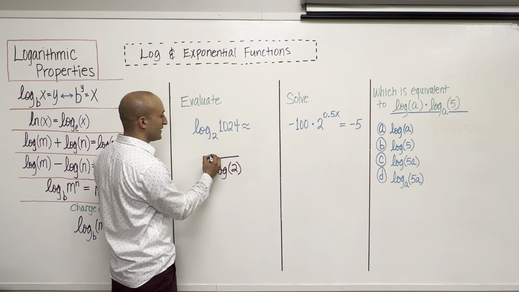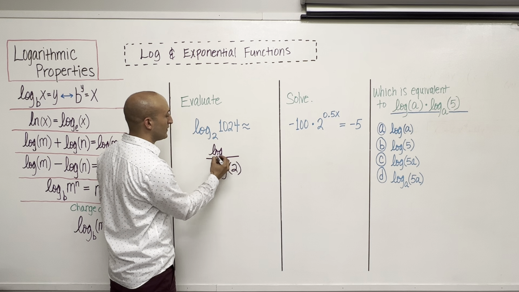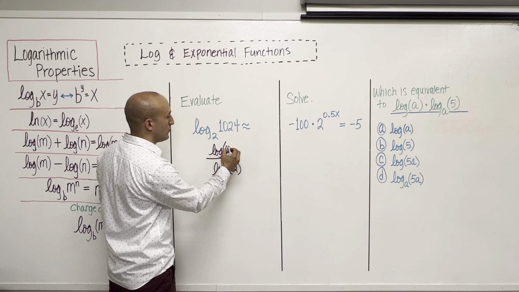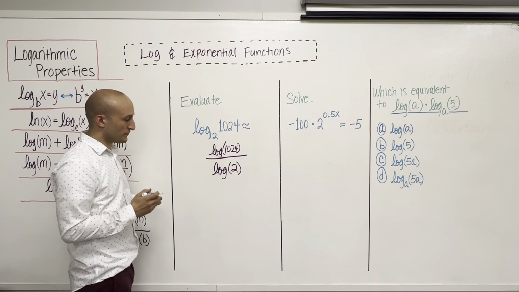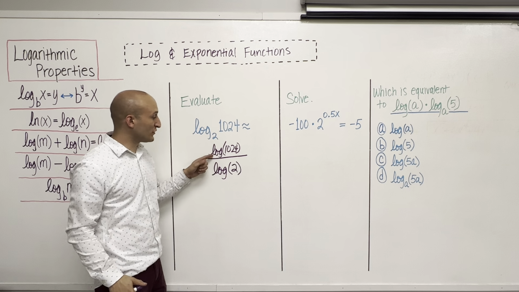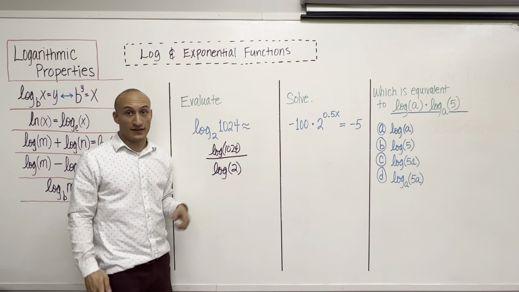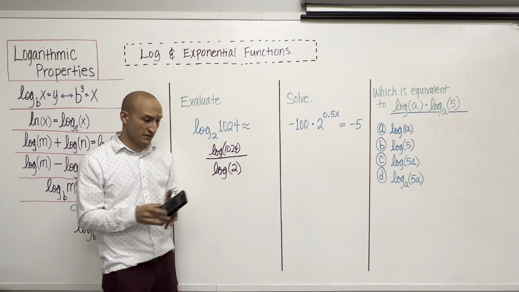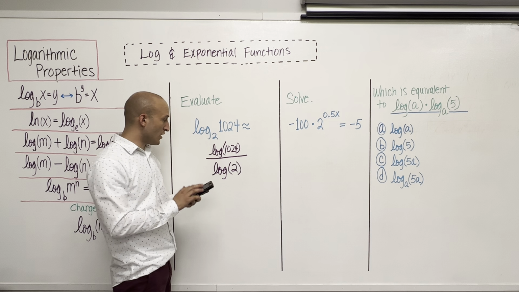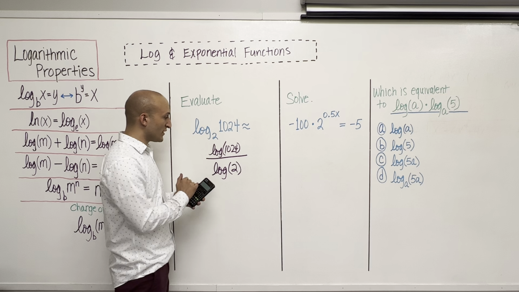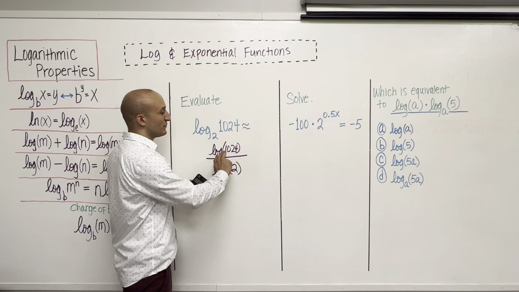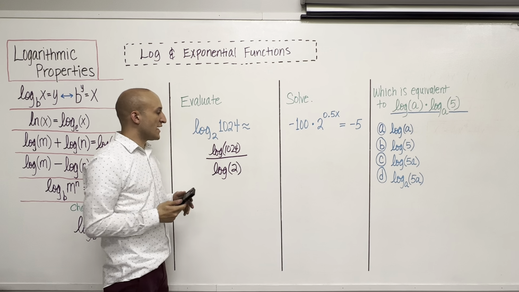And then I take the common log of 1024, okay? Again, both of these logs have a base of 10. So I can just go in and press the log function on my calculator, and then just type this. Okay.